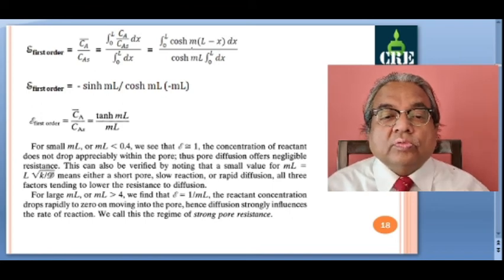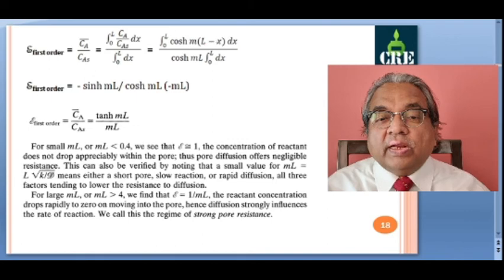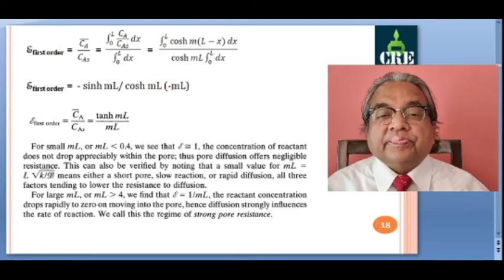So what will we get here? The integral of dx is x, and L minus 0 is L, and this m L and minus m x. So minus m will come here.